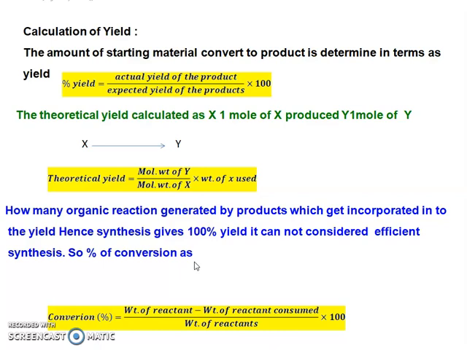Next point, we see the calculation of yield. You know that we calculate the yield in percentage: the amount of starting materials converted into the final products is determined in terms of the yield of that reaction, which is expressed as percentage yield.